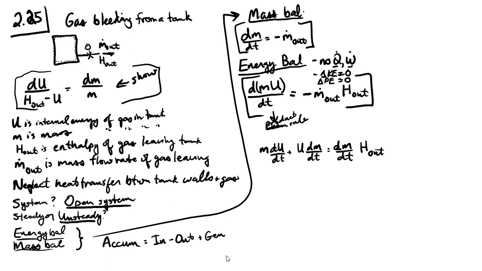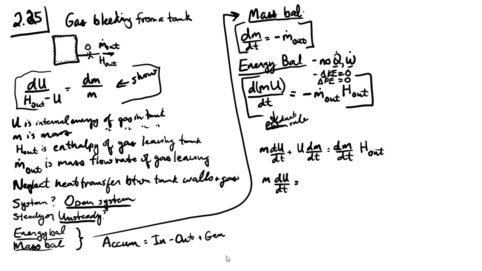So what can we do here? Well, now it's just simplification. Basically what we're doing is separating variables. So let's see if we can do that. m times du/dt. Let's move all the dm/dt's over to one side.